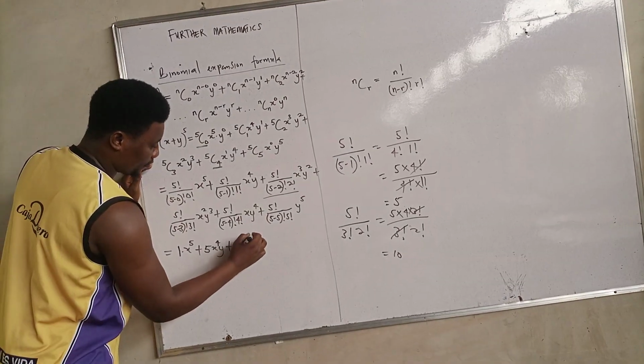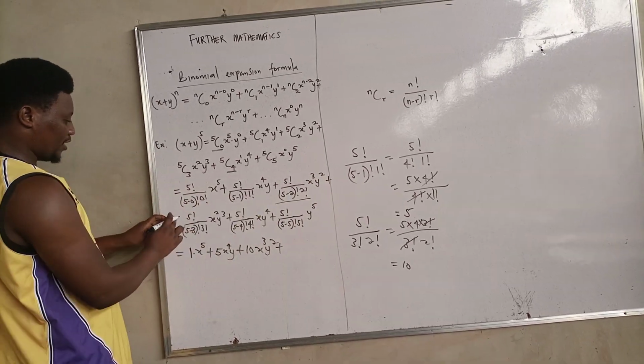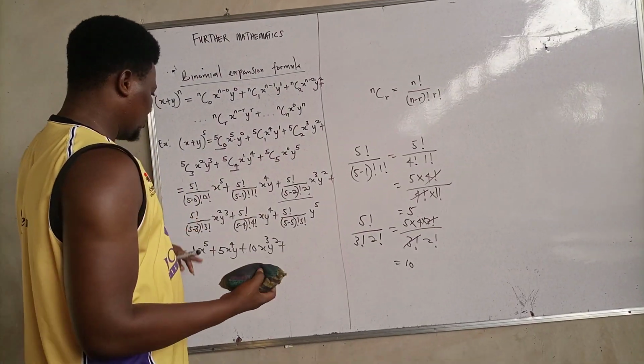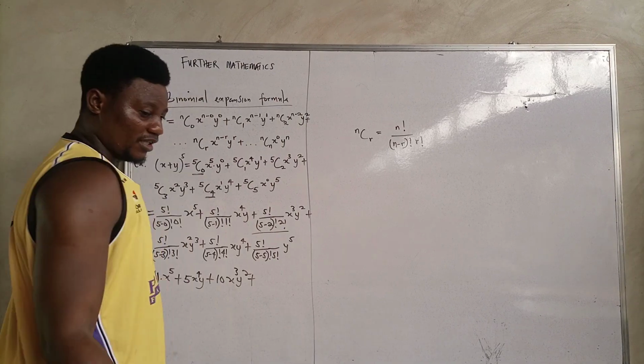10x cubed y squared. Plus, we are here now. What do we have here? Still the same thing. That's still going to be a coefficient of 10.